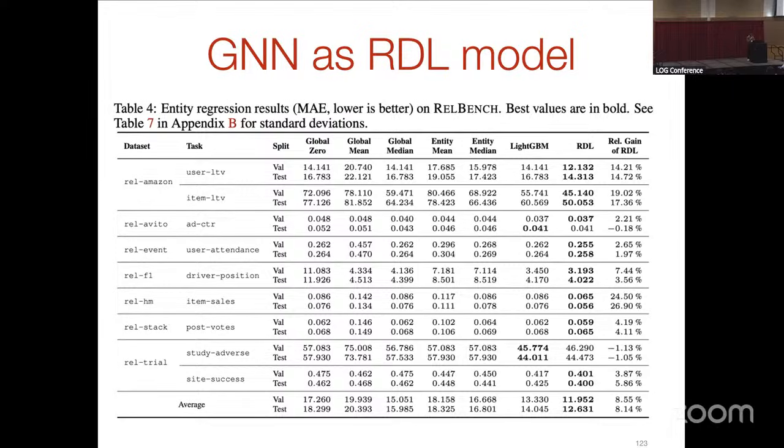There's a lot to improve, but the bottom line of this slide is that we still get slightly better performance, and in some cases significantly better performance, when we compare to traditional models such as LightGBM in this case.